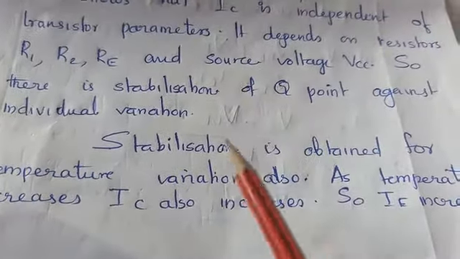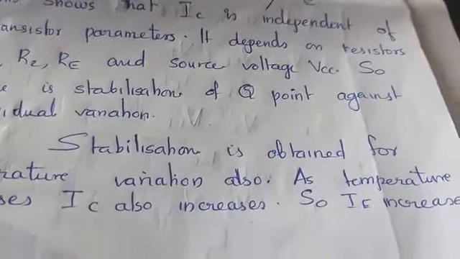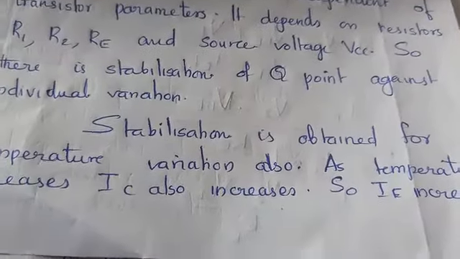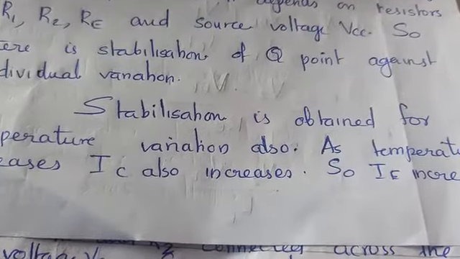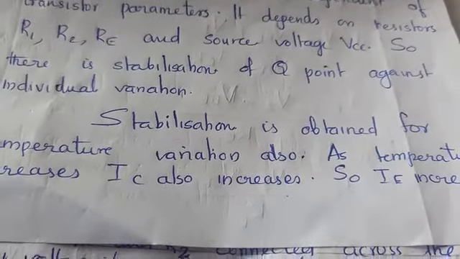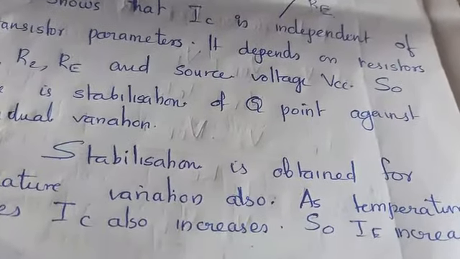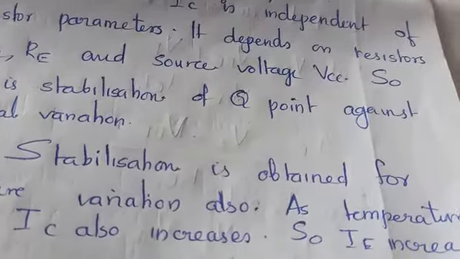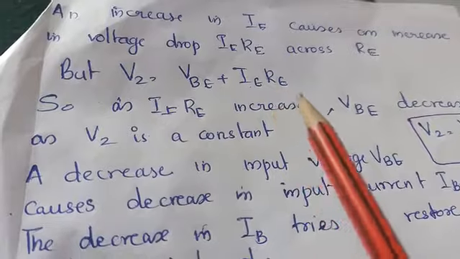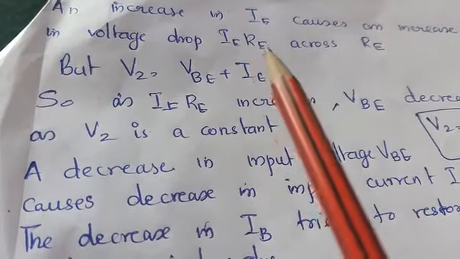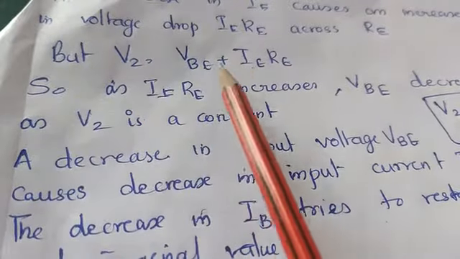How about temperature variation? You know that as temperature increases, the collector current also increases, thereby causing instability. But in the potential divider arrangement, as temperature increases, the collector current increases, so the emitter current also increases. An increase in IE causes the voltage drop IERE to increase. The voltage V2 is equal to VBE plus IERE.